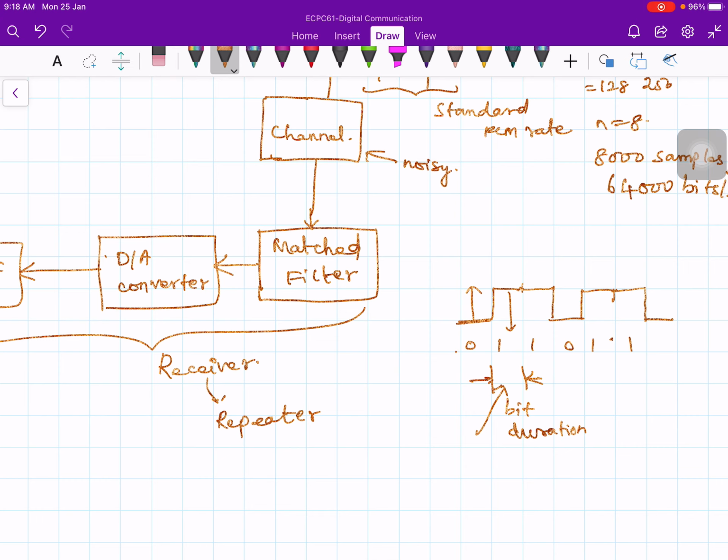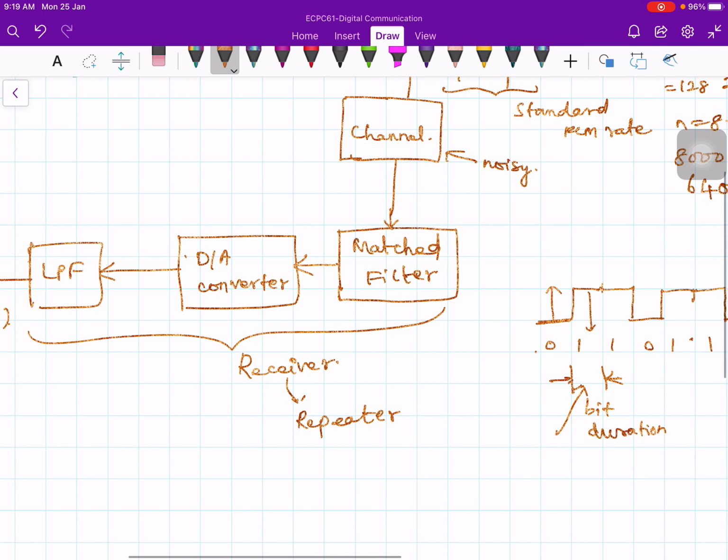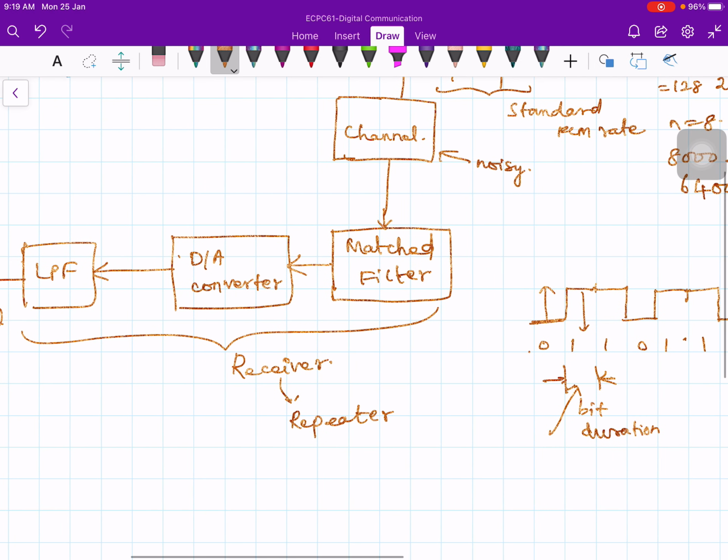The signal is already weak because it traveled through the channel, and the signal is affected by the channel noise, so it's kind of difficult to make a decision. Therefore, to be able to make a good decision, you do a certain kind of processing on the received signal, and this processing is known by the name of matched filtering.